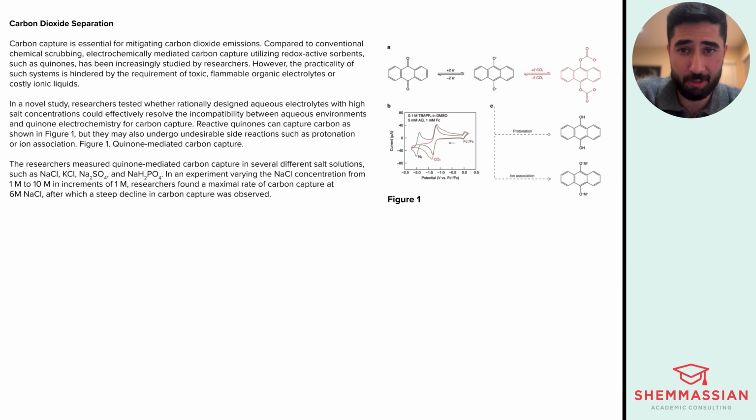In this case, it would be NaCl. We see that it goes in increments of 1 molarity from 1 molarity to 10 molarity. So I'd be highlighting those things. And I would also be highlighting that it has a maximal rate of carbon capture at 6 molarity of NaCl.